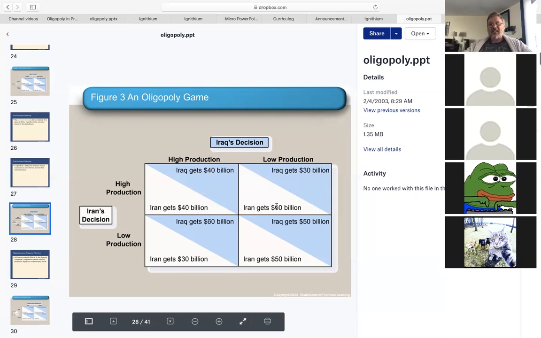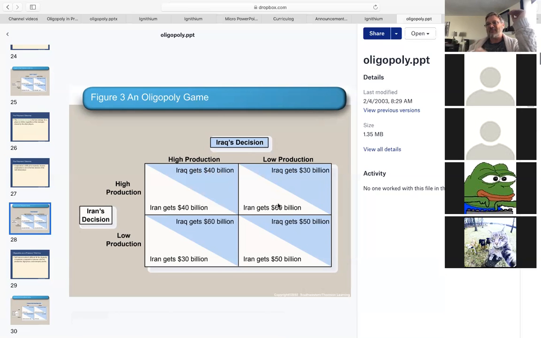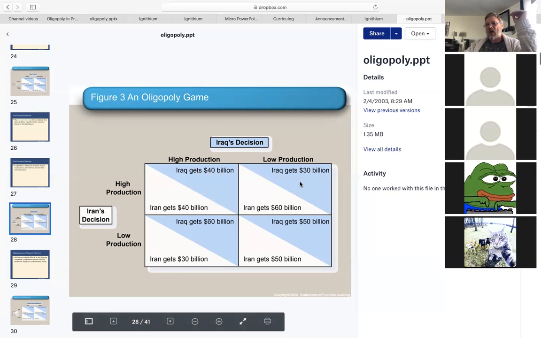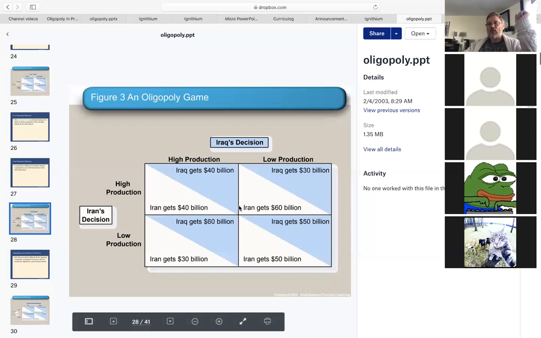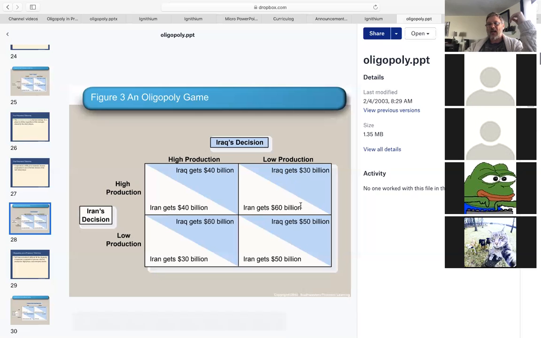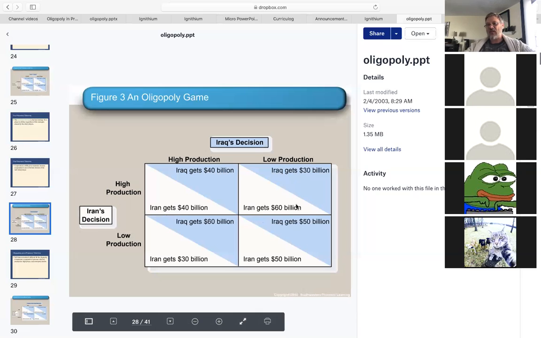It's high production, then the price is driven up a little bit because Iraq isn't supplying very much to the market. But because Iran is able to take advantage of that higher price and a higher output level, they make a lot of profit, right?